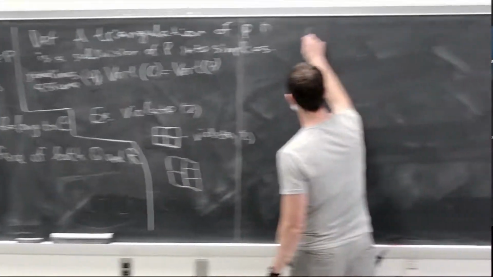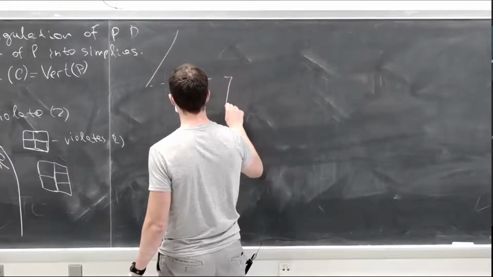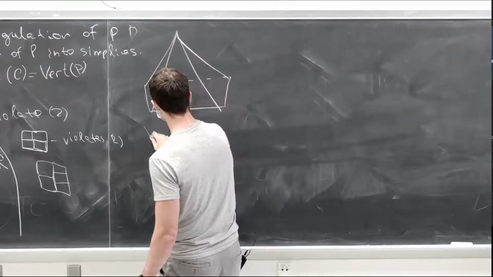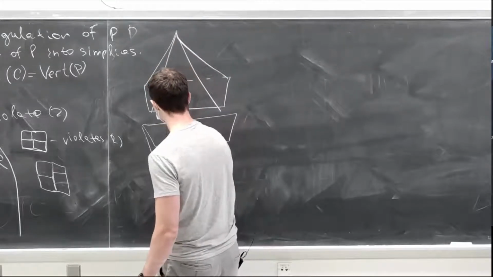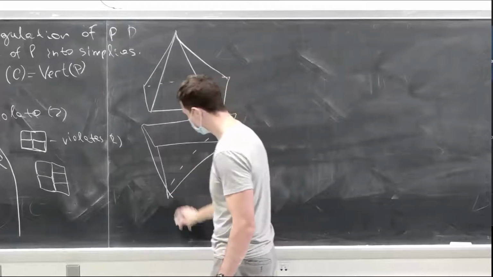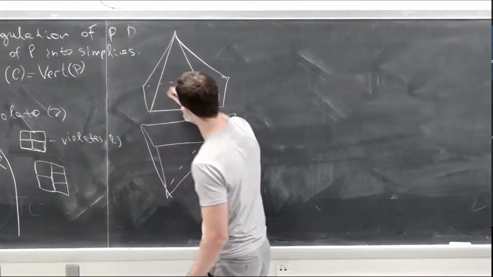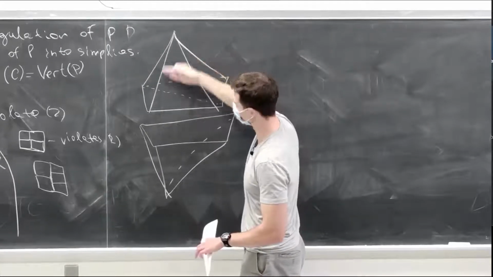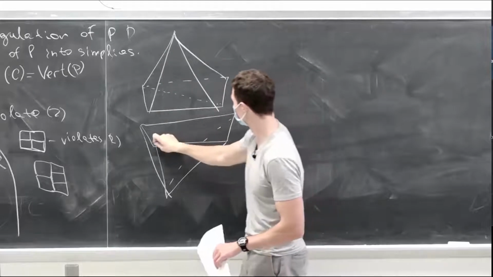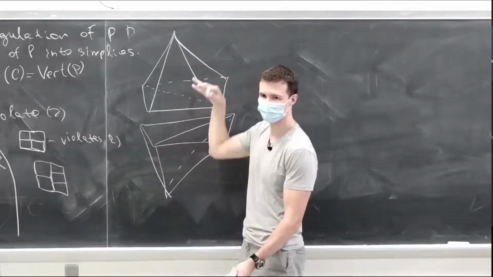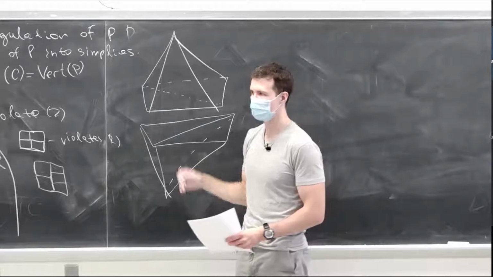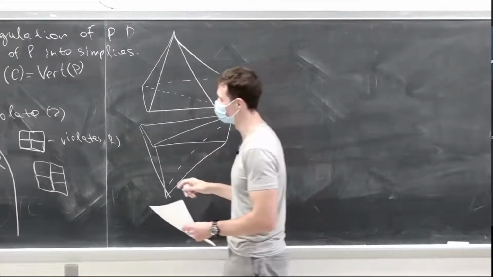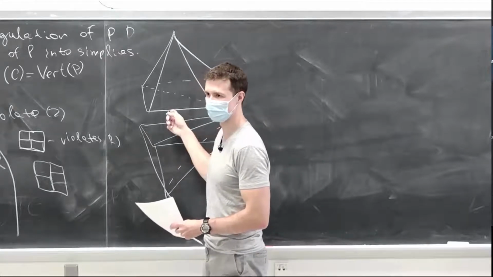So you want me to draw two pyramids. And you're saying that I triangulate one pyramid like this. So this pyramid is going to be the union of 2 simplices, 2 tetrahedra, in this way. And this pyramid I'm going to triangulate like this. And then I smoosh them together. So I get a non-triangulation of an octahedron. Yeah, that's perfect. I think that's the easiest example that I know of.